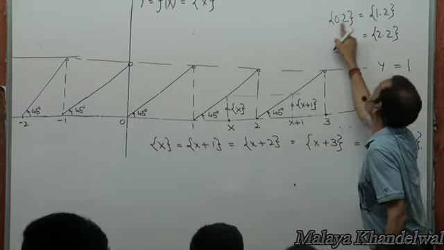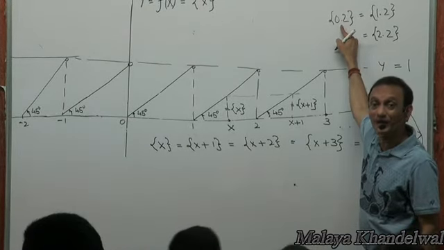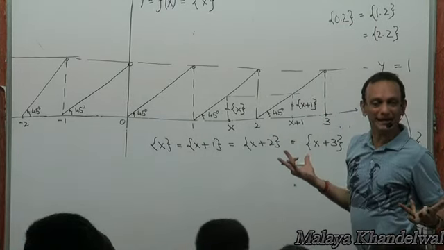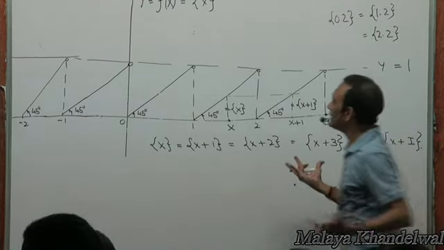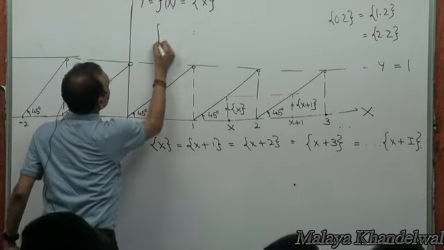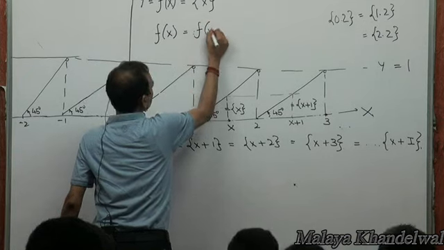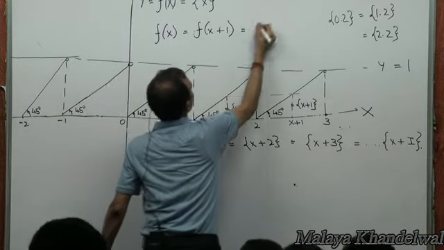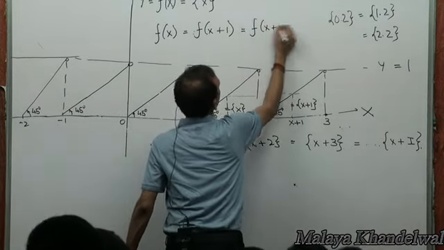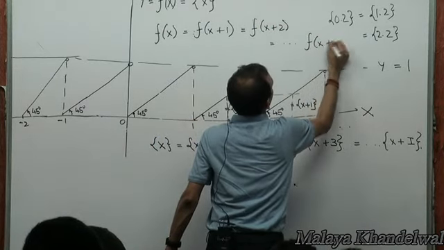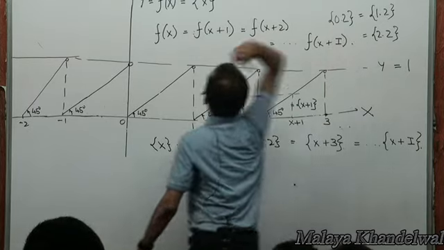So every time you increase x by 1 unit, the fractional part of x replicates its value, right? So in general, in this case, f of x will be the same as f of x plus 1, will be the same as f of x plus 2, same as f of x plus any integer I.